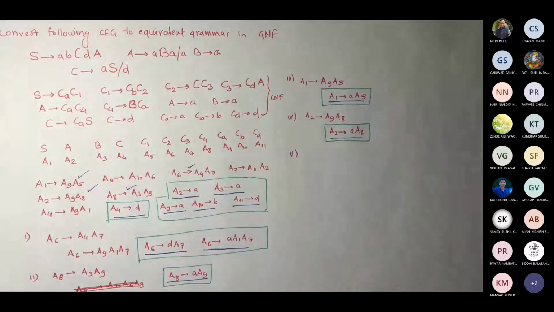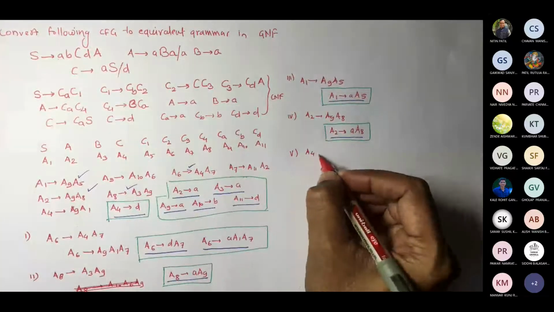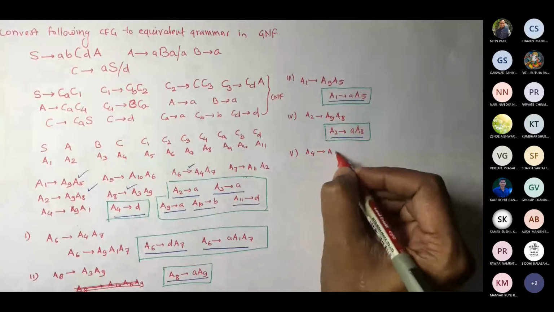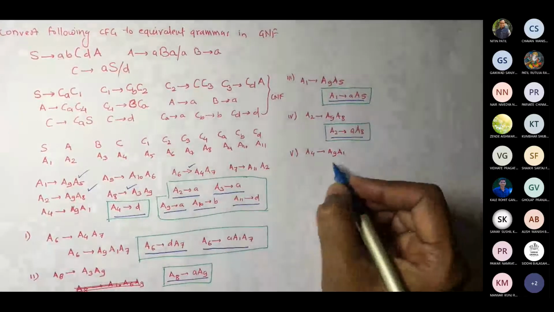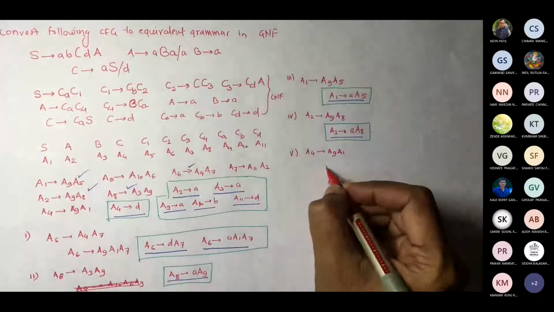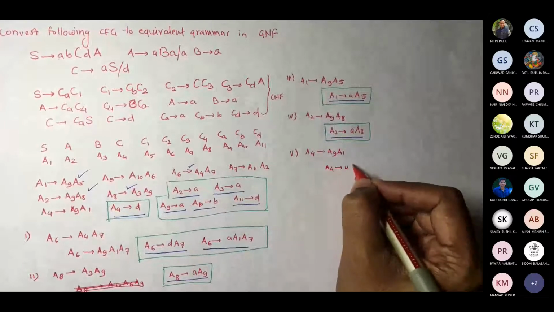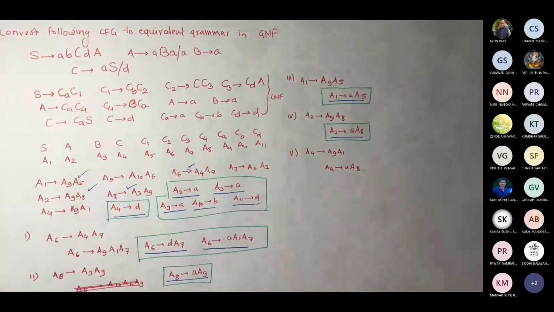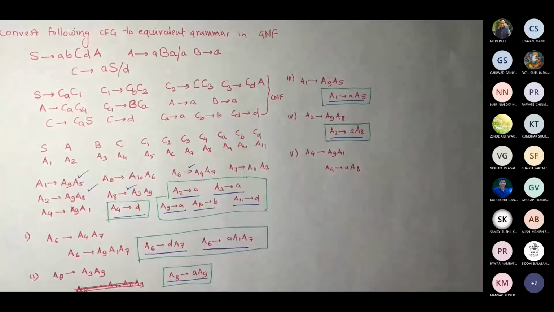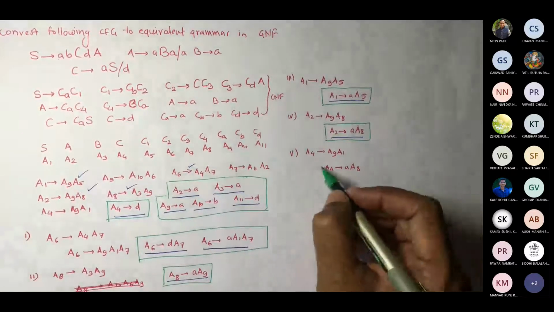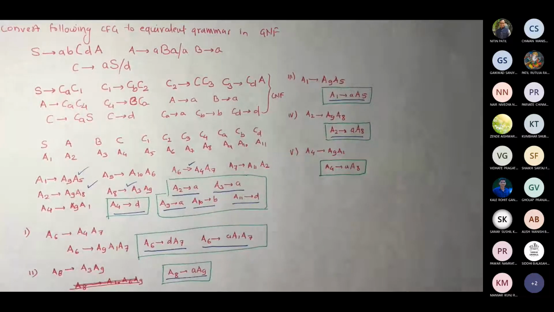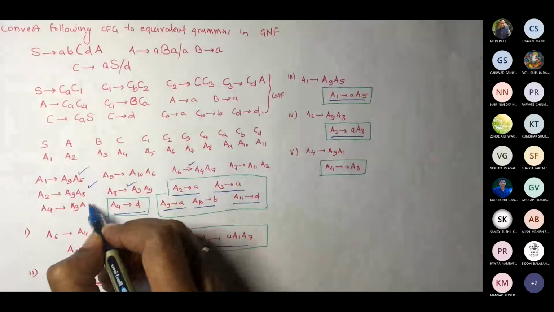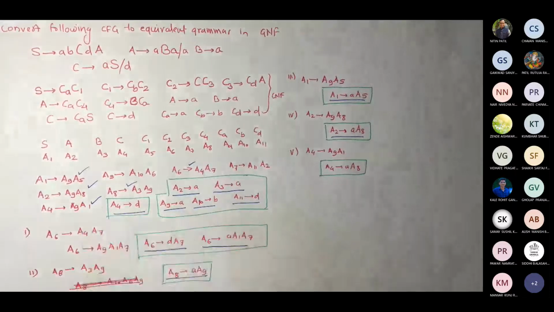So A4. A4 gives A9, A1. What is it? A4 gives A8. Correct? So we get this, this is also done. So A4 also is done.